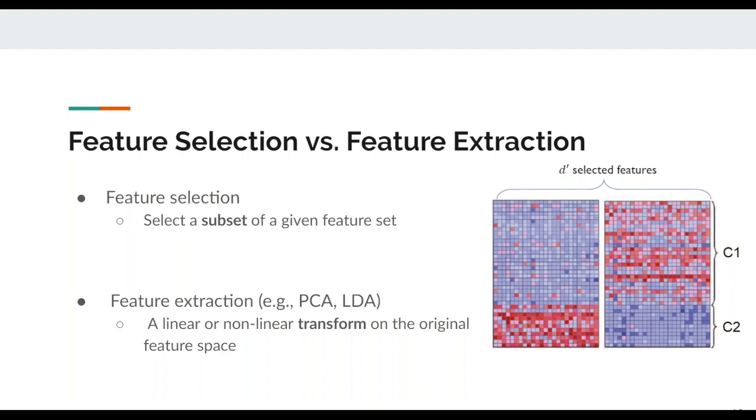Feature extraction is essentially producing a completely new set of features and selecting from there. So essentially, we're talking about the transformation of your original features into a completely different set of features. Those two can work together.